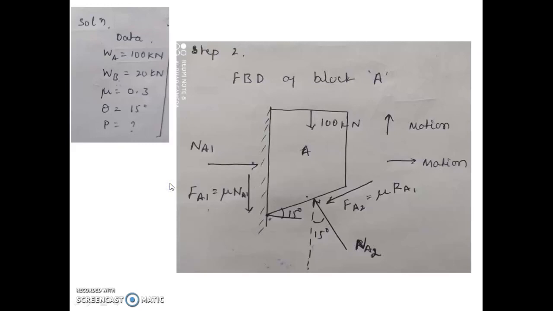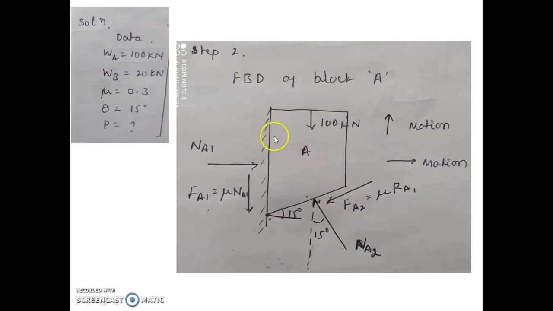Now, to solve these problems, we always have to consider first the block or body. So I have written here the free body diagram of block A, that is the body in the present problem. You see it is in contact with the vertical surface and also in contact with the wedge here with an inclined plane.